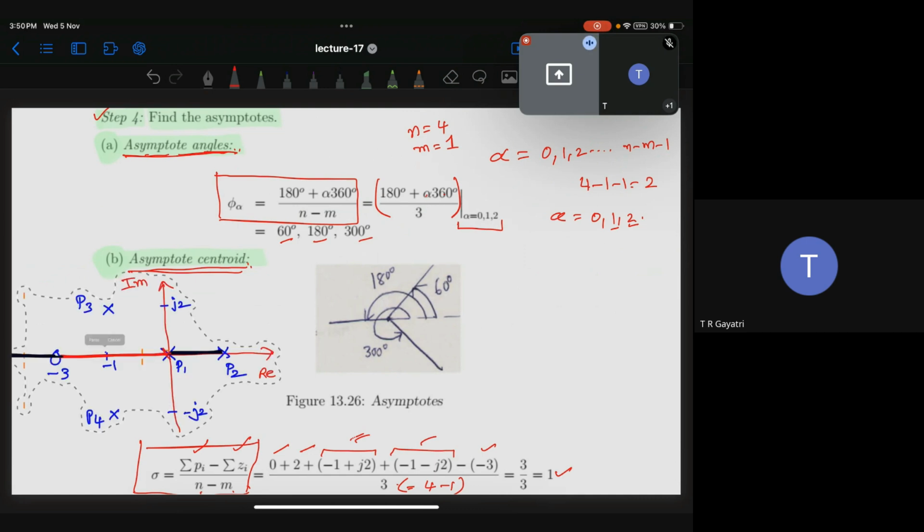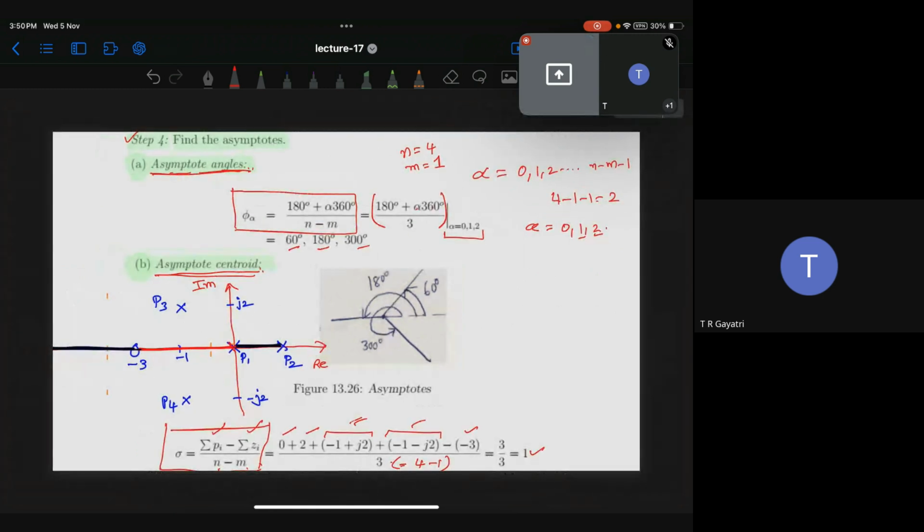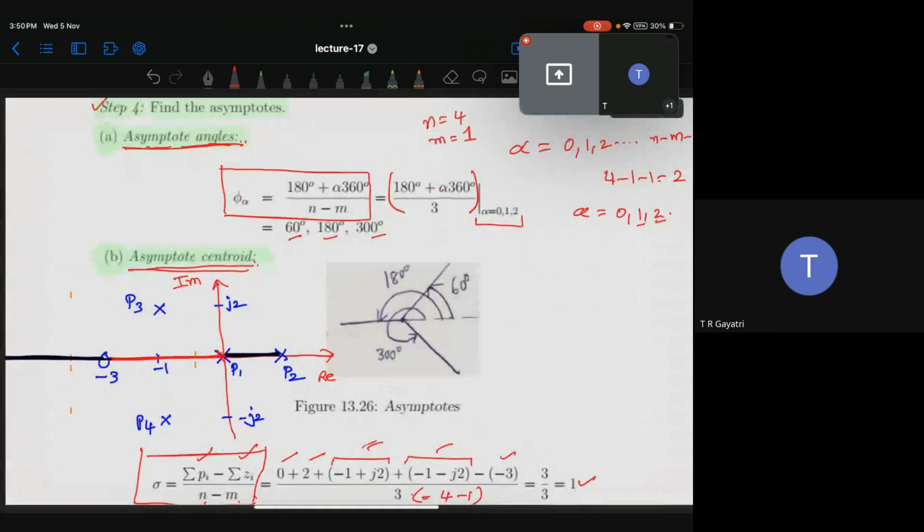So this is the image we already have, correct? What is the centroid here? We got 1. The centroid is 1, so somewhere here. That is sigma. Next, taking that sigma as the center, we will draw these 3 angles with respect to this x-axis. What is the first angle? 60.